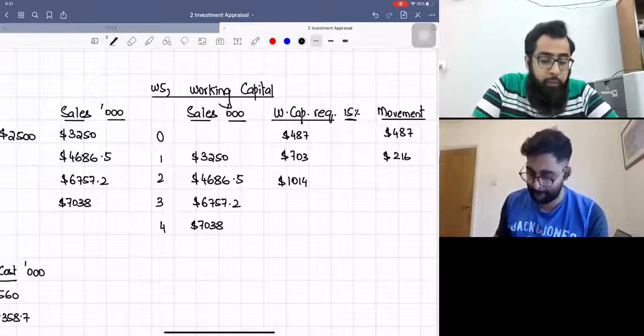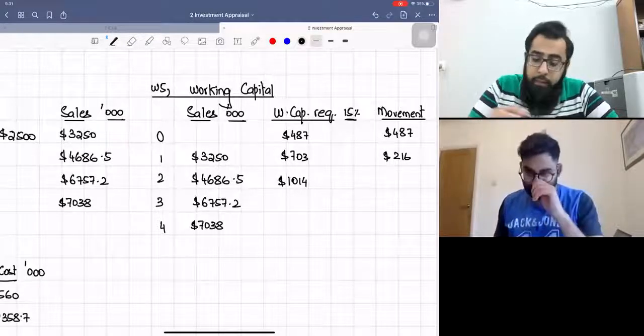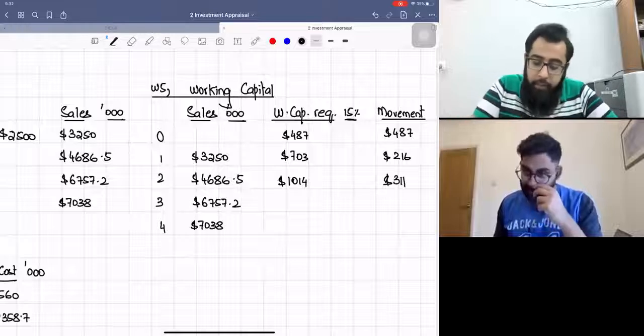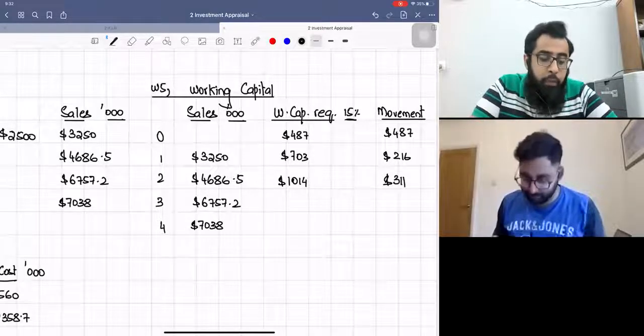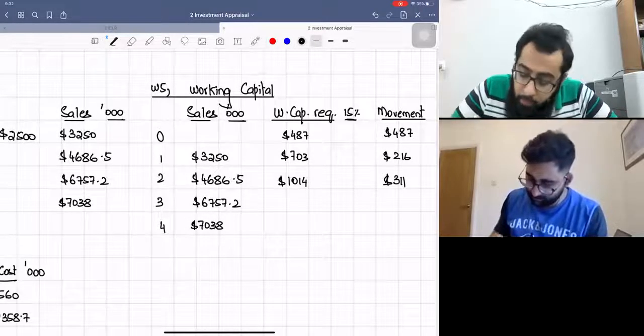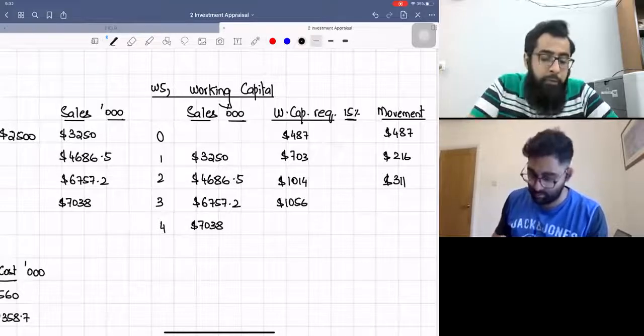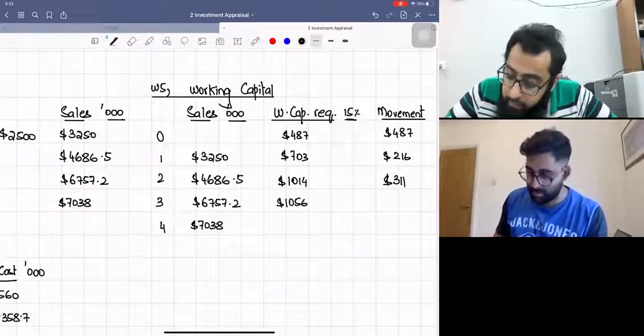So 1014 minus 703, here I need 311. Then 7038 into 0.15 is 1056 minus 1014. So here I need 42.